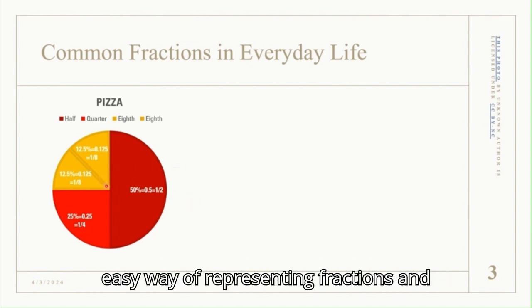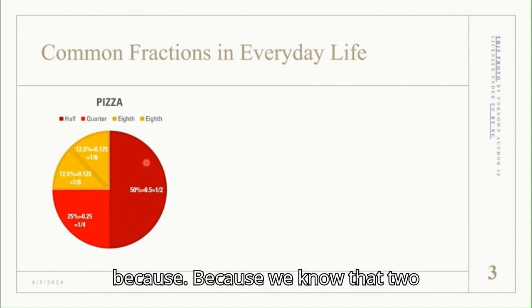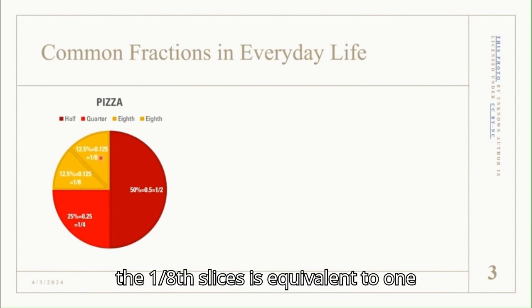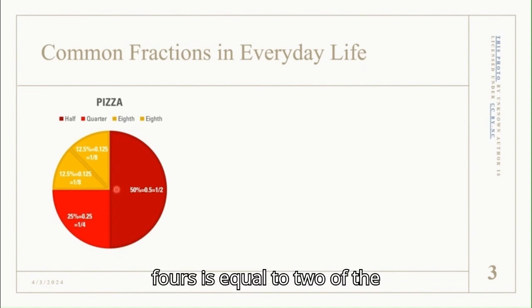And so pizza is a really easy way of representing fractions and the different sizes that they represent. Because we know that 2/8, so 2 of the 1/8 slices, is equivalent to 1/4. So one slice, when we cut it into 4s, is equal to 2 of the slices when we cut it into 8.